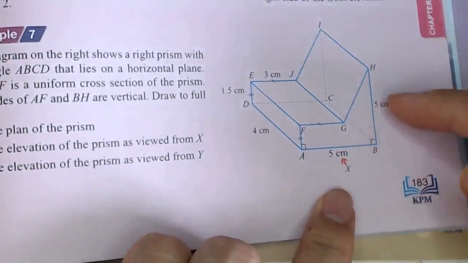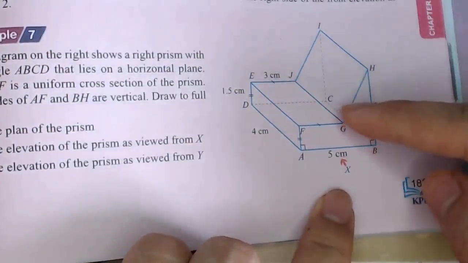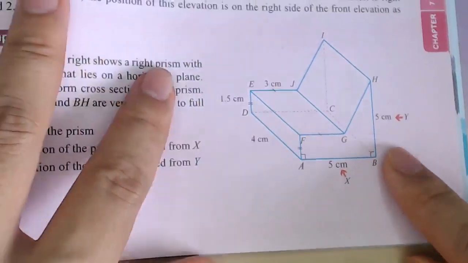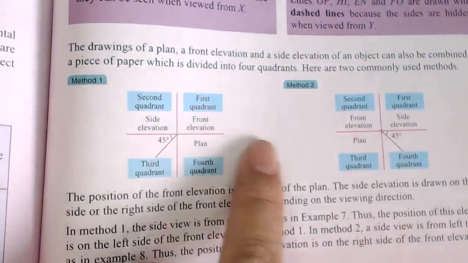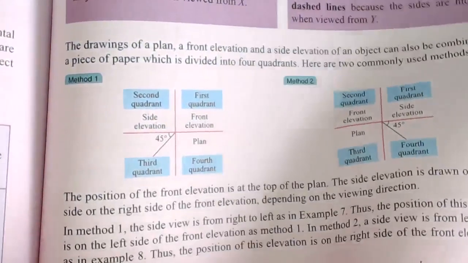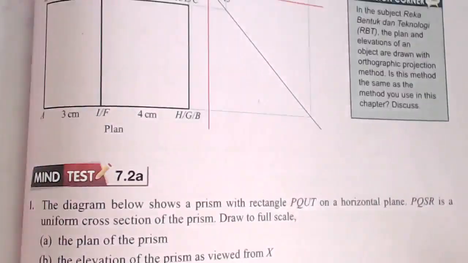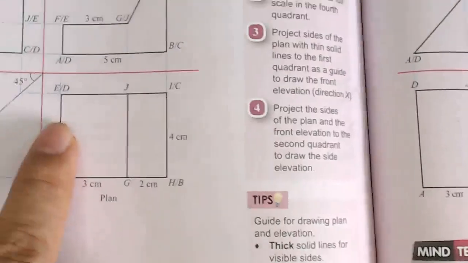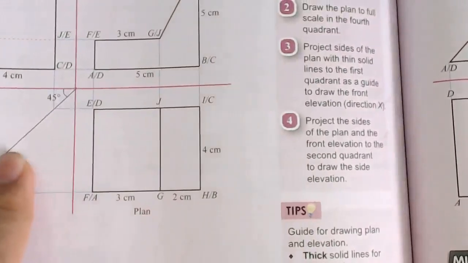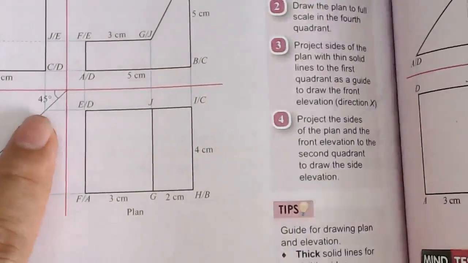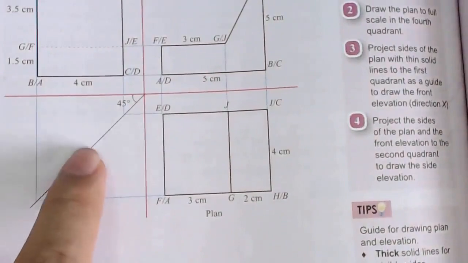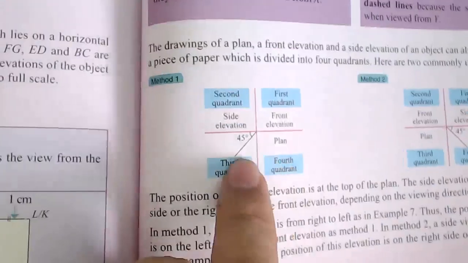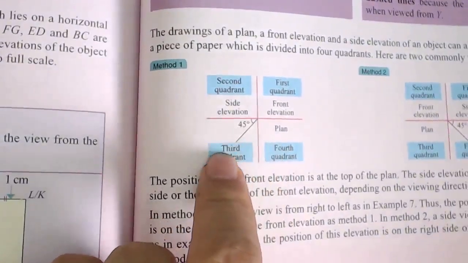If you look on the right side here, which method should be used? Is this, where the reflection line here is in the third quadrant, which is method number 1.